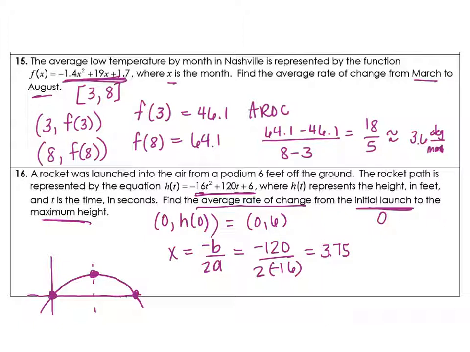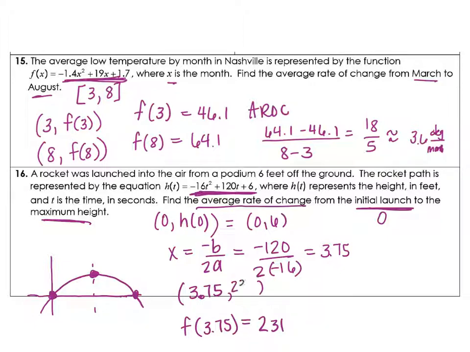So now I need to go find that, because this is my other x value. So I have 3.75 comma something. That something is f at 3.75. And if you put that into this formula right here, it looks like you're going to end up with about 231.